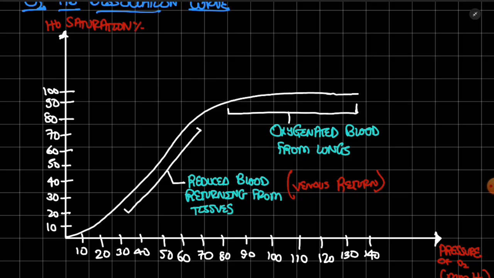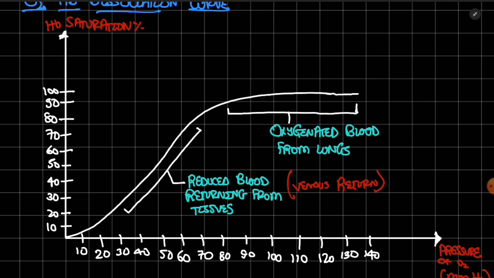The oxygenated blood has 100% saturation, hemoglobin is 100% saturated by oxygen. So in the lungs it is 100% saturated, in the tissue level or in the veins it is less saturated.